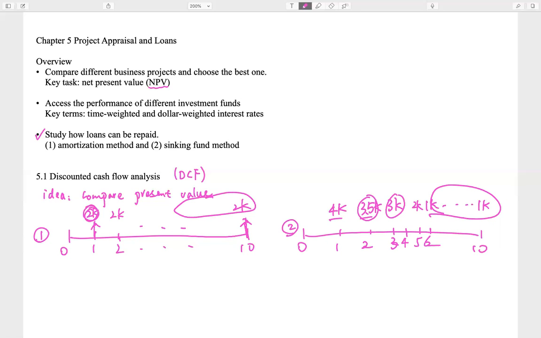Which one do you choose? We can't just directly do a comparison. If all the payments are bigger than 2, then obviously the second one is better. But of course, that's not the end of the story. We still need to take into account how much you need to pay.